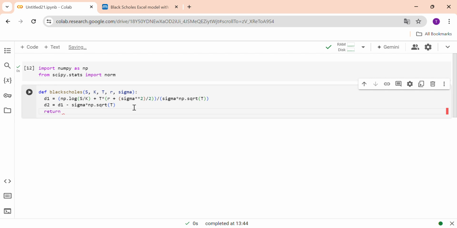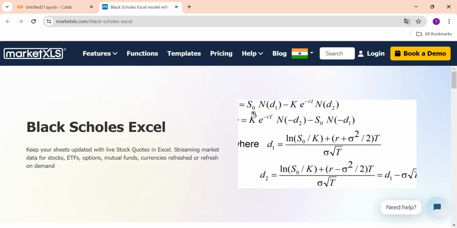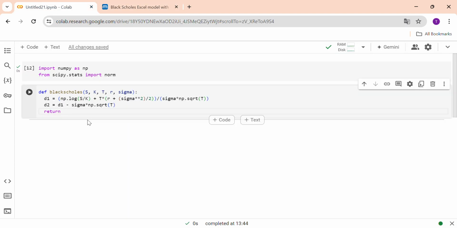So we just have to return the price of call option, and if you see the price of call option, it will be S0 into ND1 minus K to the power minus RT into ND2. So it is pretty much simple.